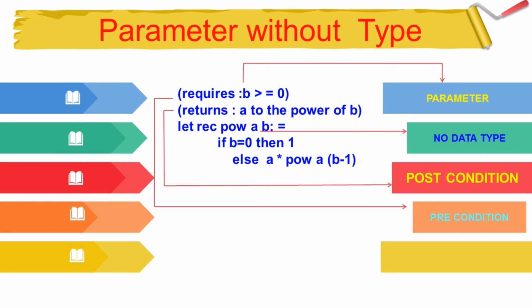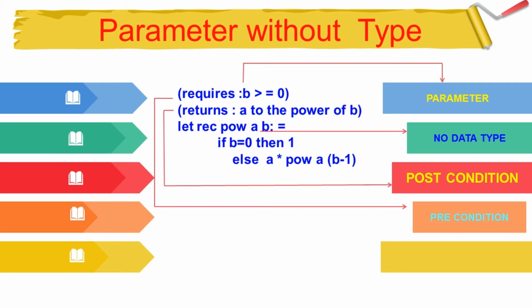So requires b greater than or equal to 0 refers to the precondition, that is, the input. Returns a to the power of b. So here returns means the postcondition. The postcondition means it returns as output.